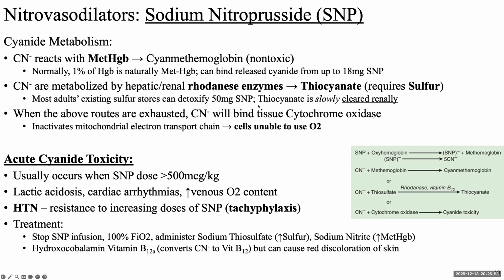Now, the caveat here: thiocyanate is slowly cleared renally. So I would be very hesitant to use SNP in somebody with renal failure, because even though they have this pathway to deal with the cyanide, accumulation of thiocyanate can be problematic in somebody with bad renal function.